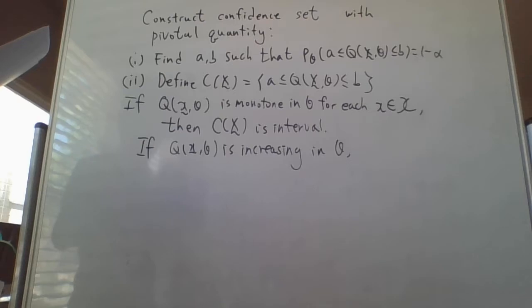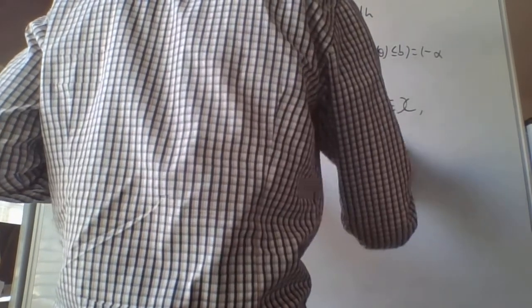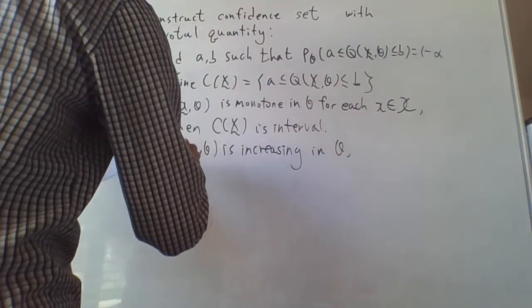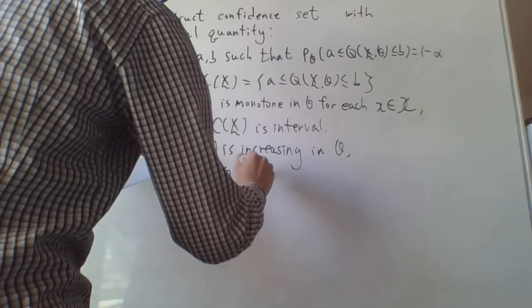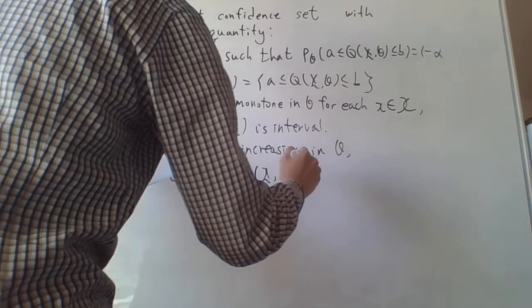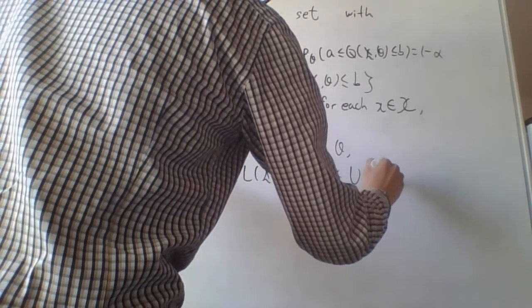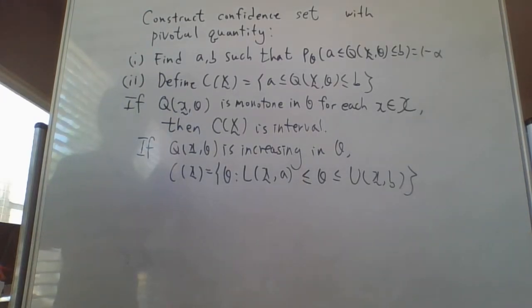If Q is increasing in theta, then the confidence interval is, we can find the lower bound and upper bound.